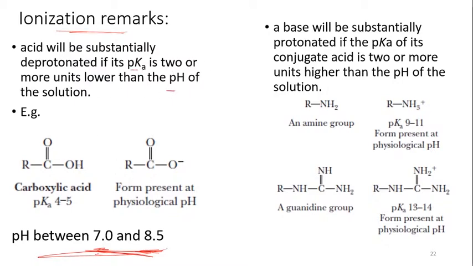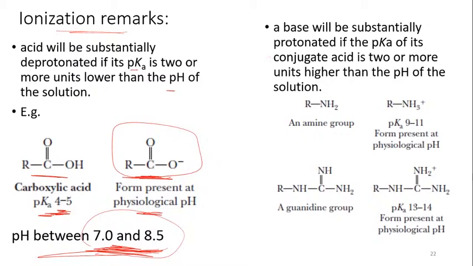So I can expect whether my acid exists in this form or that form according to my pH and pKa. My pKa for something like carboxylic acid stands between 4 and 5, and because I have physiological pH between 7 and 8.5, this means my pKa is less than the value of pH. This is why the form that would be present at physiological pH would be that form.